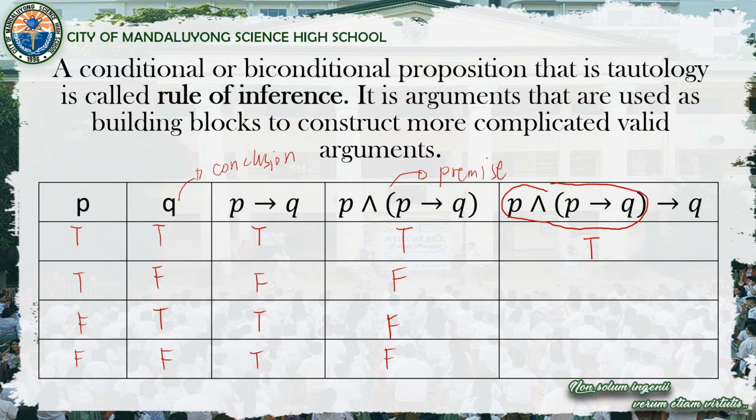False implies false. This is still a true statement. And then we have your false implies true. This will also give us a true value. Tama? And then false implies false, true value. Remember, wag pagbabaligtarin ang premise and then conclusion. Okay? So, kitang-kita naman natin na itong last natin, it yields values which are true in nature. Yan. Okay? So, that is how we show yung sa rule of inference.